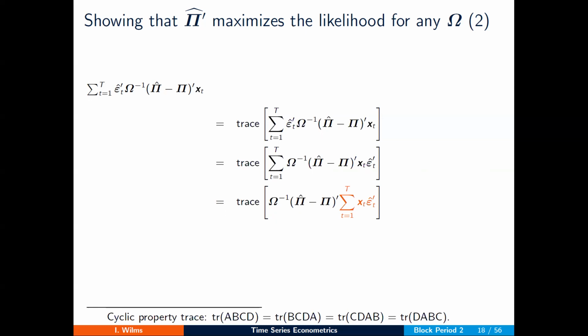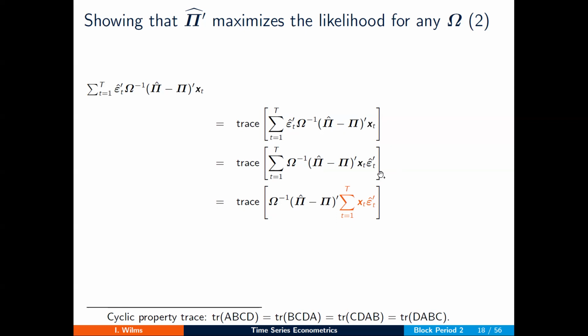Indeed, we have a scalar. Now, since this is a scalar, I can simply apply the trace function to it, and I get the same scalar again. Why do I apply the trace? Well, since it has this nice cyclic property as summarized in this footnote. The trace operator remains unchanged if you cycle the inputs around by placing the first one at the end and so on. So I can place my residual vector, the first guy, at the end, and nothing changes.